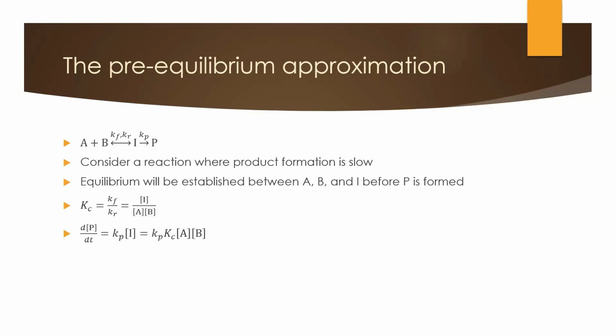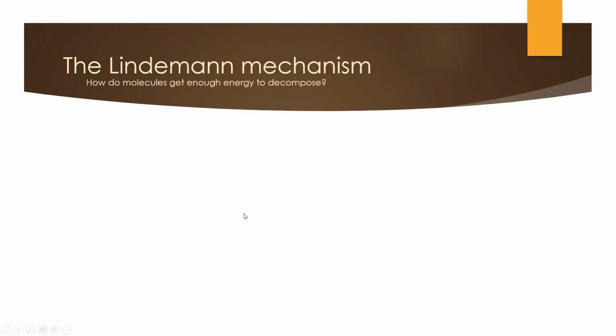A classic example of complex reaction mechanisms is the Lindemann mechanism for unimolecular reactions. This is a mechanism that shows how a single molecule can actually get enough energy to react, usually in the form of an isomerization or a decomposition.